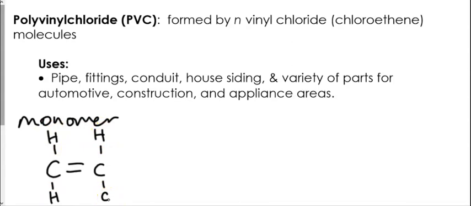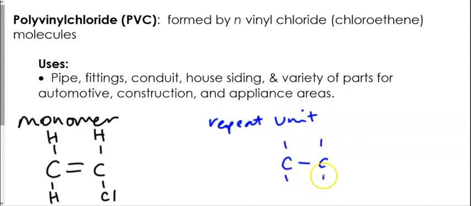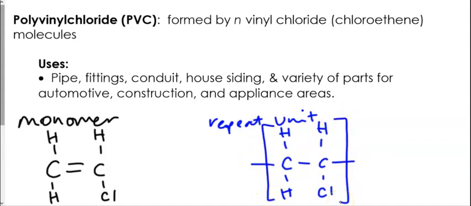Chloroethene. We've got chloro right here with our ethene, the C double bond C. So for our repeat unit, that double bond breaks. So we've got a single bond, chlorine, and now we've got the bonds on either side of where that double bond used to be.